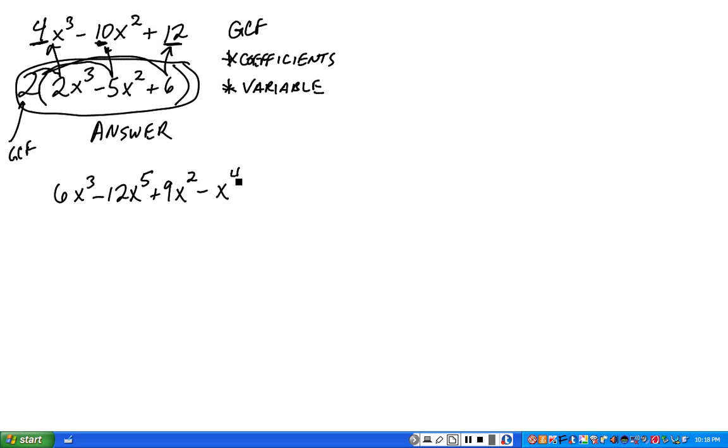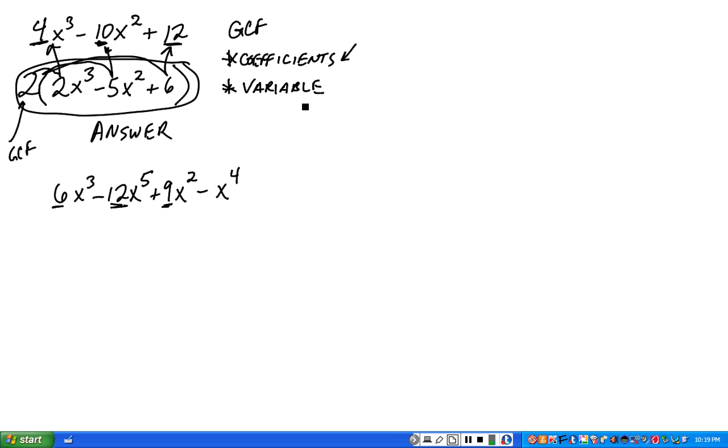Okay, so now we have a new problem, new polynomial we're trying to factor. Again, first thing we do is we're going to check coefficients. So I have a 6, negative 12, a 9, and a negative 1. So nothing to be pulled out there. The fact that this is a negative 1 tells me that I can't pull out anything other than a 1 on these, so nothing to be pulled out with the coefficients.